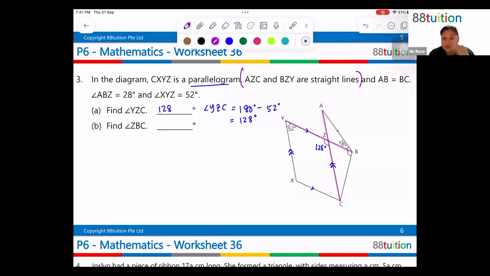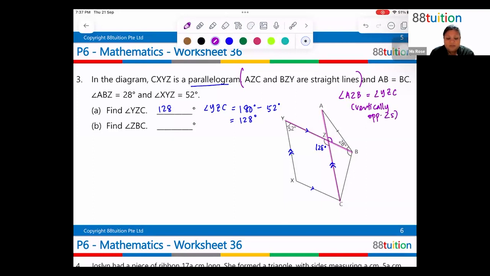It is because they want you to know this property here, angle AZB is equals to angle YZC, and the reason being vertically opposite angles.